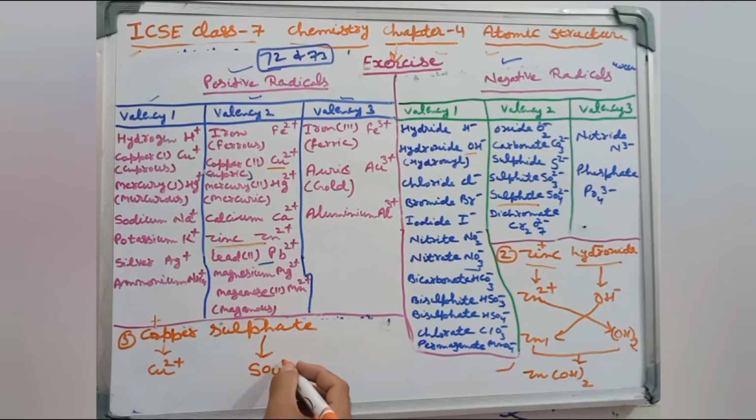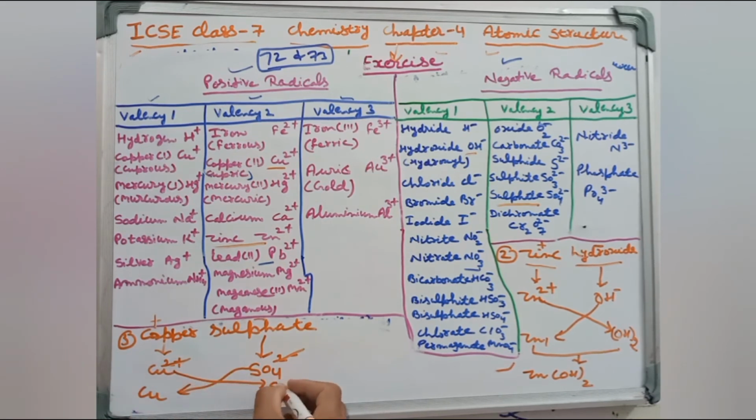SO4 2 negative. Now, when the same valency occurs with positive and negative signs, here 2 is with positive and 2 is with negative, so it gets cancelled, as we do in math. Now put the crisscross here. Here we will write Cu.